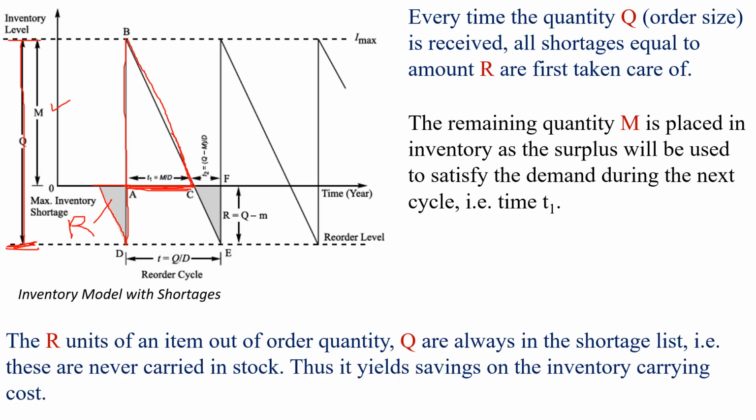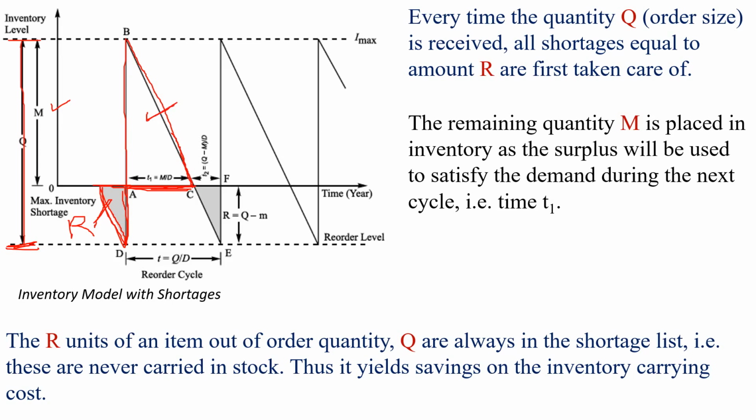The R units of an item out of order quantity Q are always in the shortage list. These are never carried in stock. Thus, it yields savings on the inventory carrying cost. Here observe that the shortage quantity capital R, out of the order quantity, is not considered for the carrying cost.